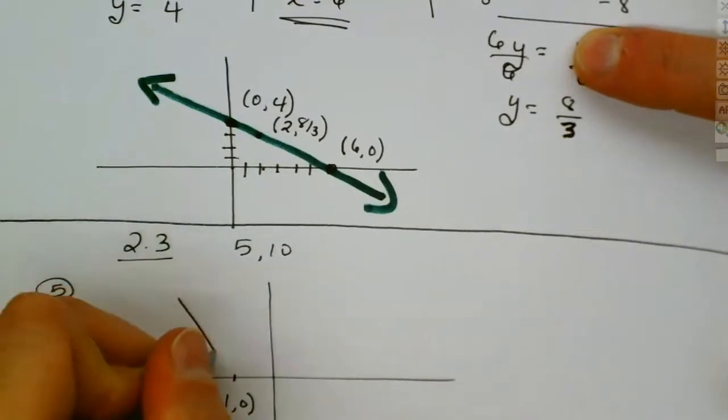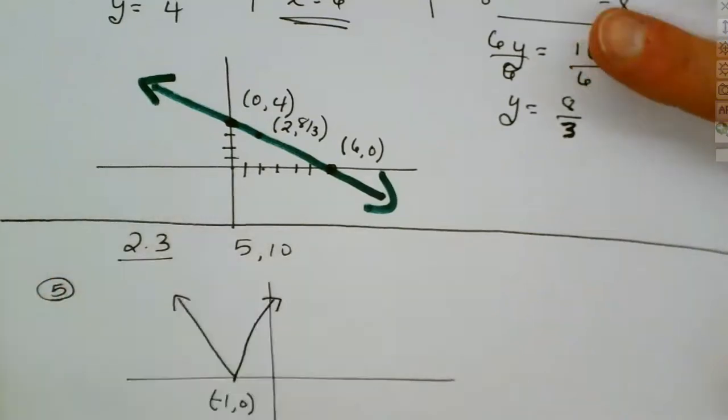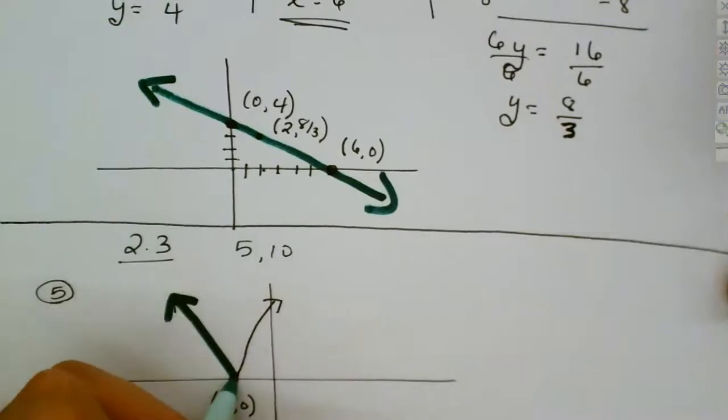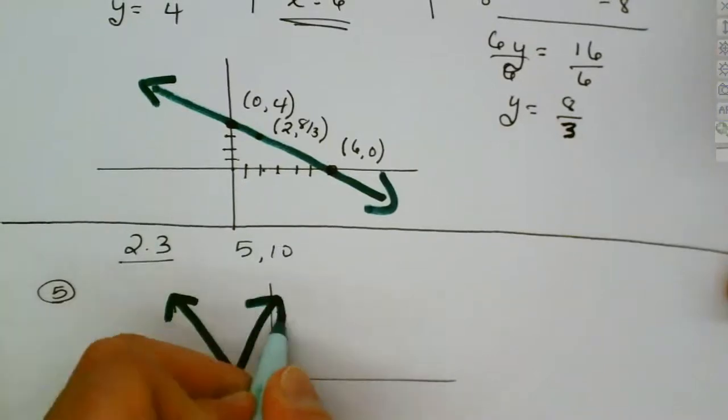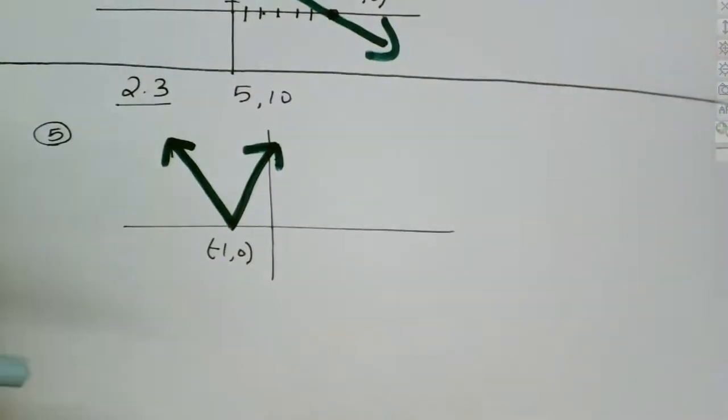And for question 5, what we're going to try and find here is where this function is increasing, decreasing, and if it stays constant at all. So here's our picture. Now, when we talk about increasing and decreasing, we are going to be labeling off of the x-axis, not the y-axis.